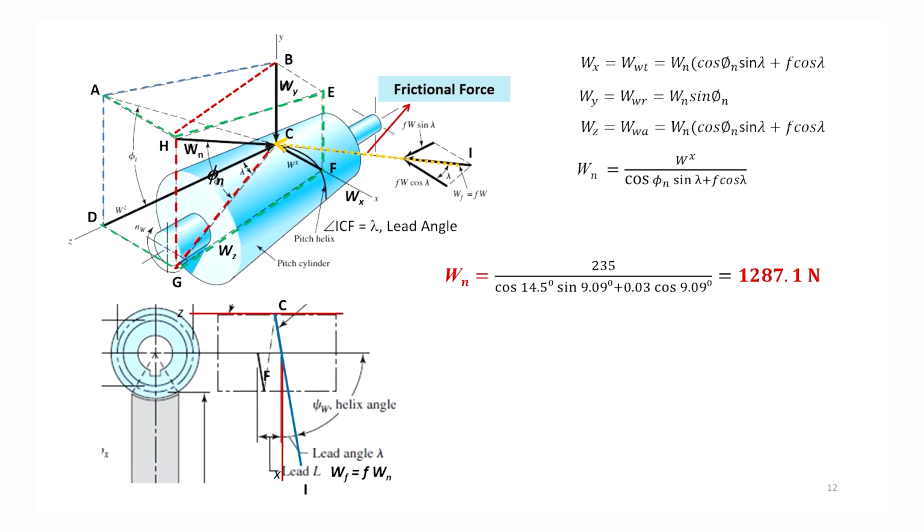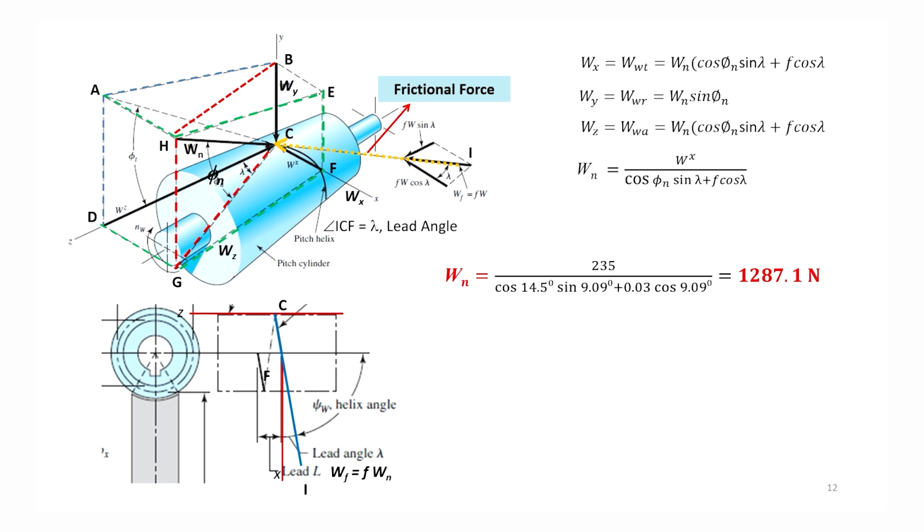Now, knowing the coefficient of friction, we can find what will be the force acting on the worm and worm gear system when friction will be there. In this diagram, the forces which will act on the worm are given when it will transmit power to a gear.